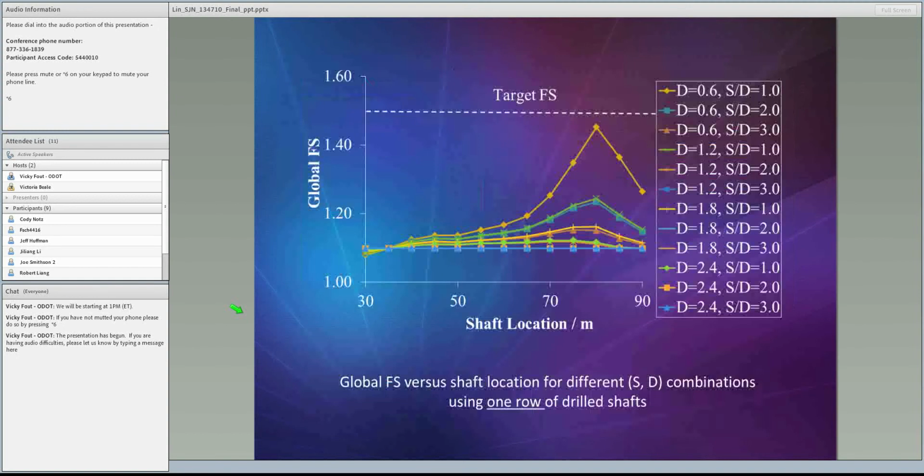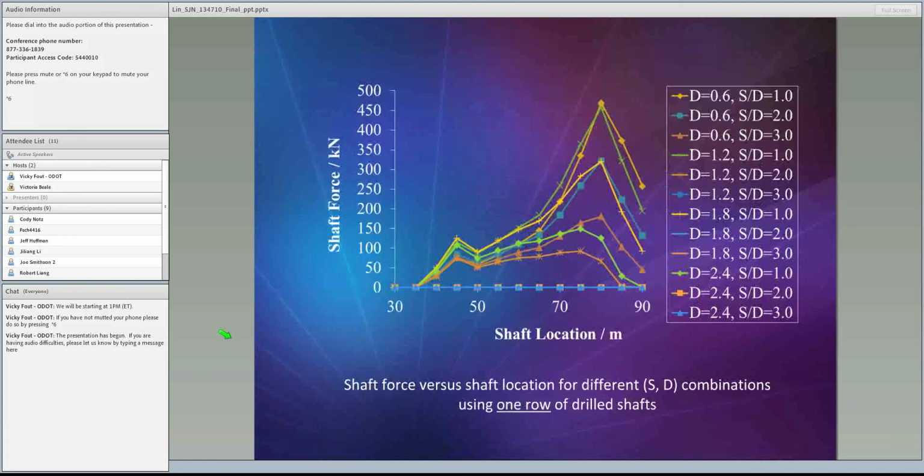So we design using 2 rows of drill shaft. We can see that the factor of safety here satisfies the target. However, the shaft force here is also extremely high. It's like 322 kilonewton, which is almost 60 kips here, for the drill shaft diameter equal to 0.6 meters.